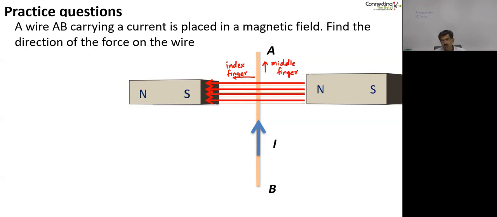So the force on the wire, it seems to come out of the surface of the page. What if the direction of the current is reversed? Well, the situation simply reverses and the direction of the force is into the surface of the page.